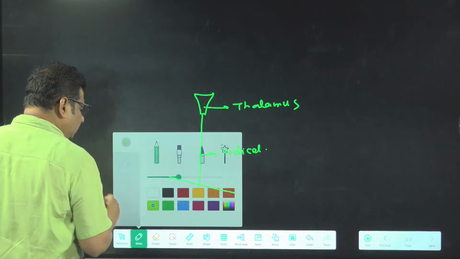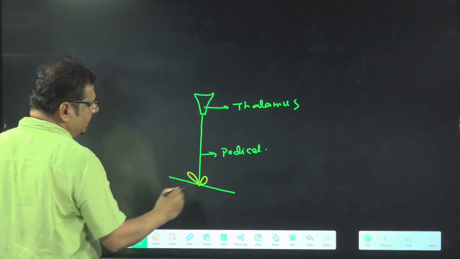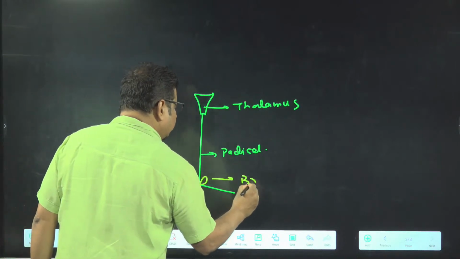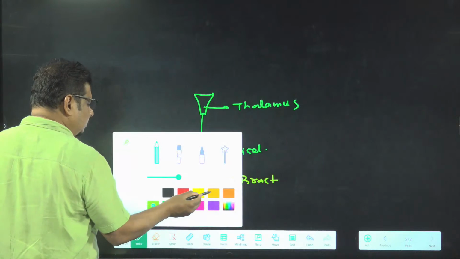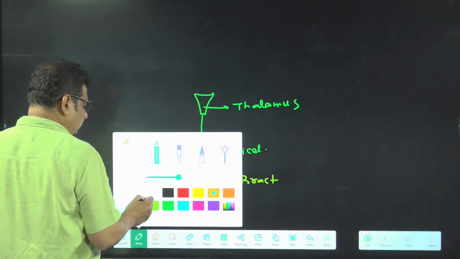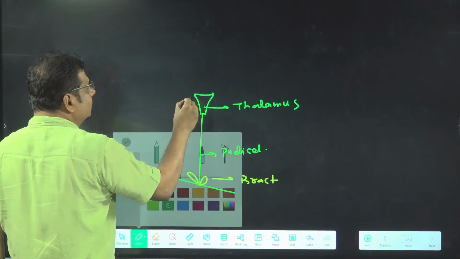In some plants, you will find two leaf-like structures arising at the base of the flower. It is called bract. And from the nodes, the floral whorls are arising.